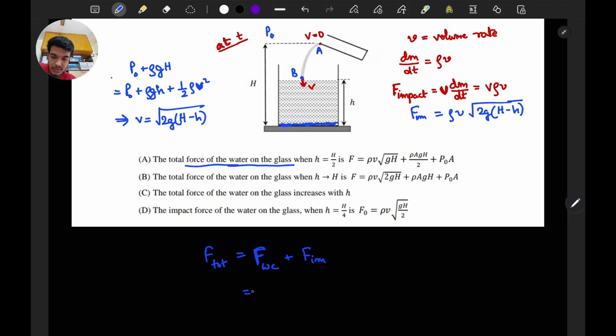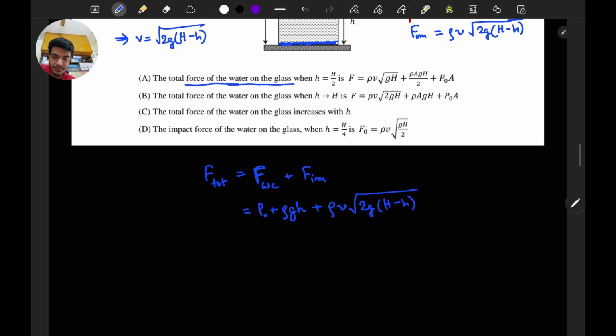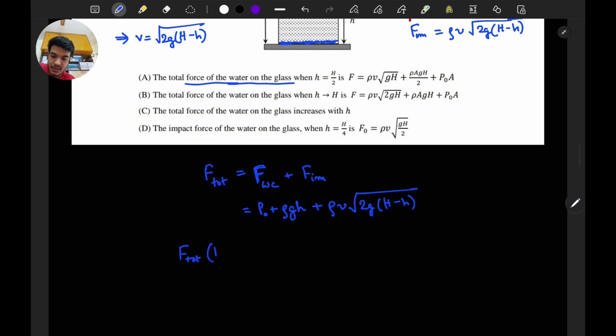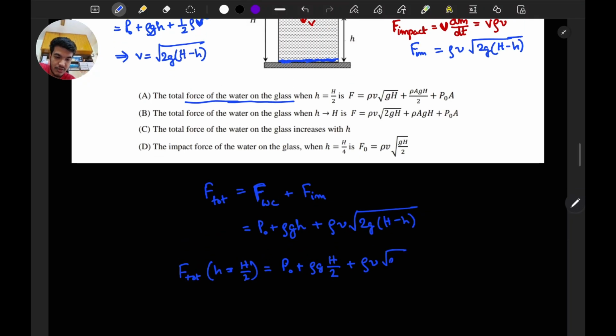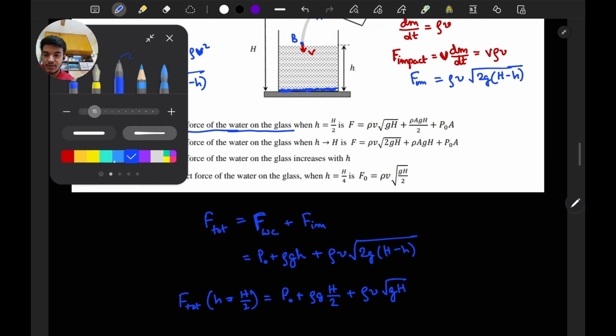So the force due to the water column would be P naught plus, at any time, the amount of liquid which has been filled, rho g h, and the impact force at that time is rho V root of 2g(H minus h), that we have already found out. So F total at h equal to H by 2 is P naught plus rho g H by 2 plus rho V root of gH. Am I right? So this is my force at h equal to H by 2.